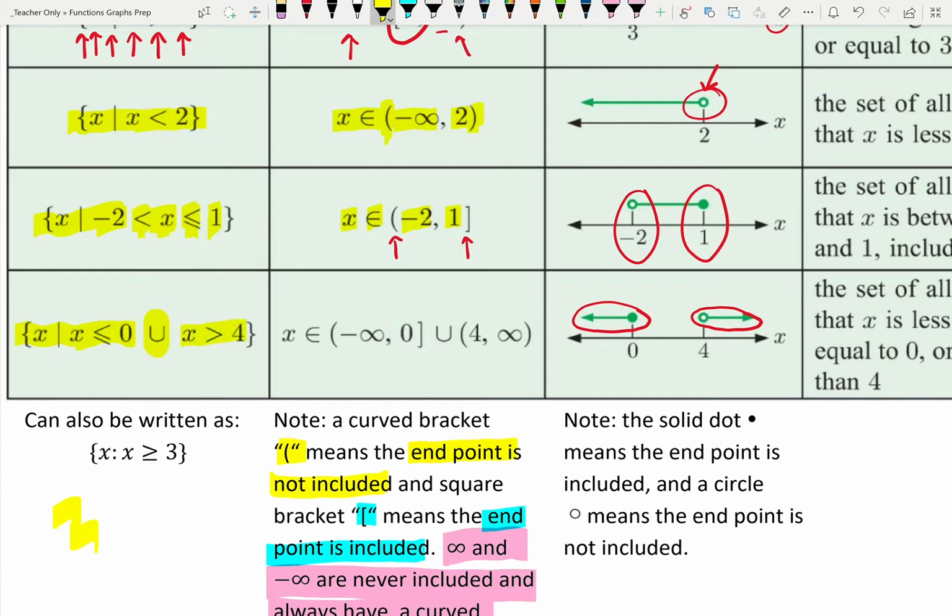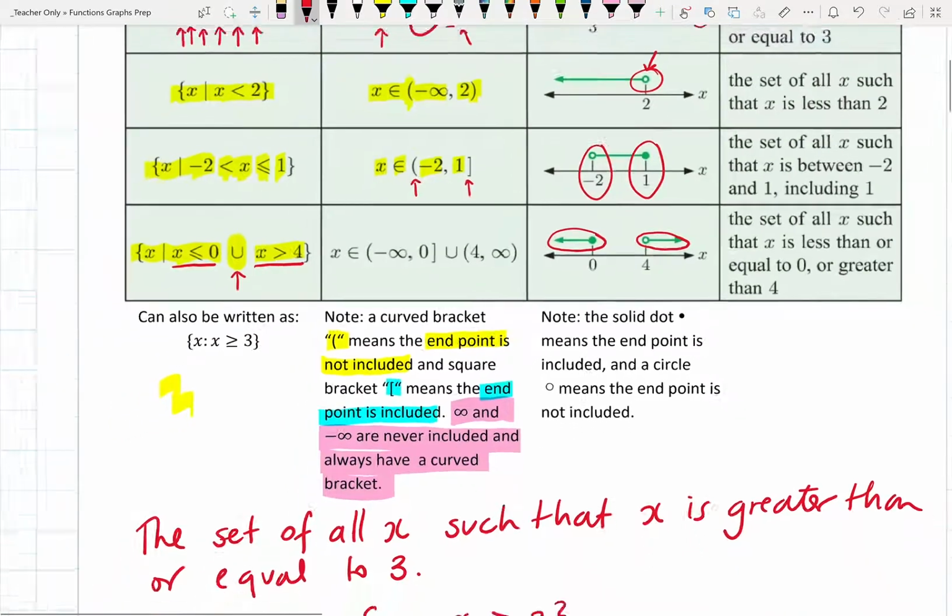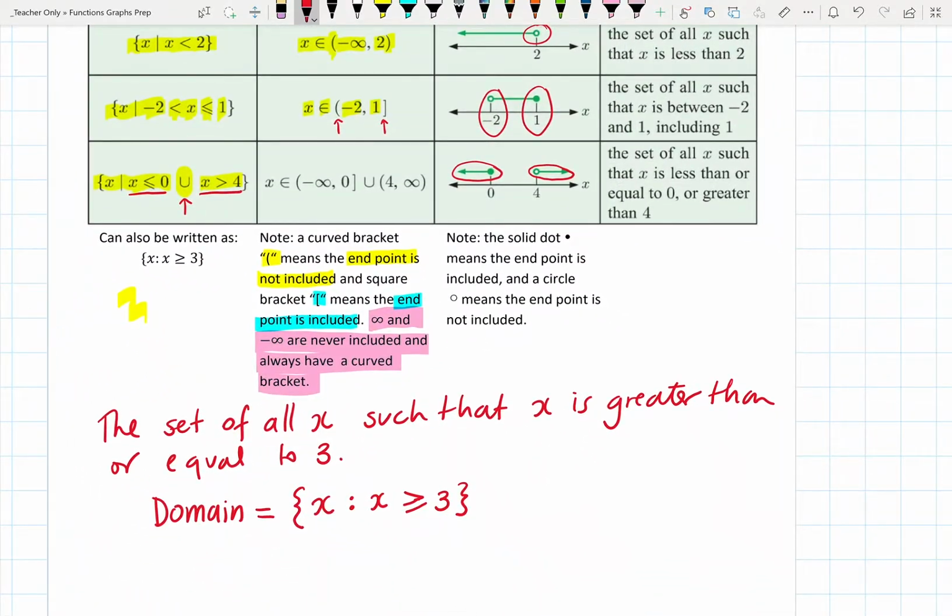So that means both of those little pieces of notation apply. So x could be anywhere in this little part, which is less than or equal to 0, or it could be anywhere in this little part, x is greater than 4. That's probably the trickiest one. In the next little video, we'll do some examples.